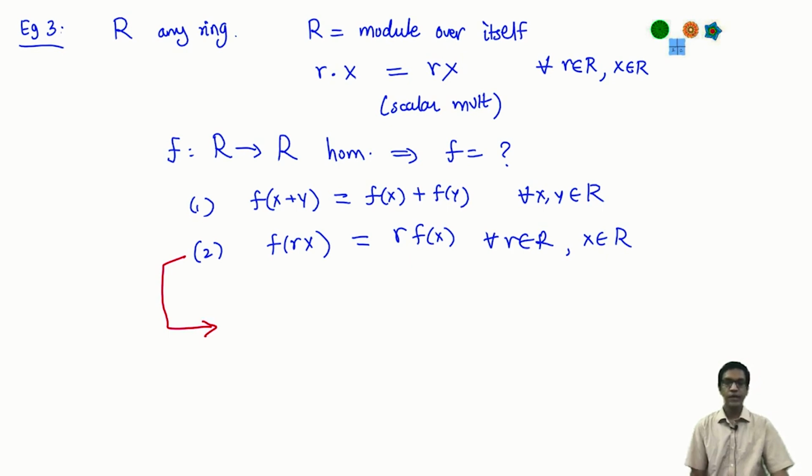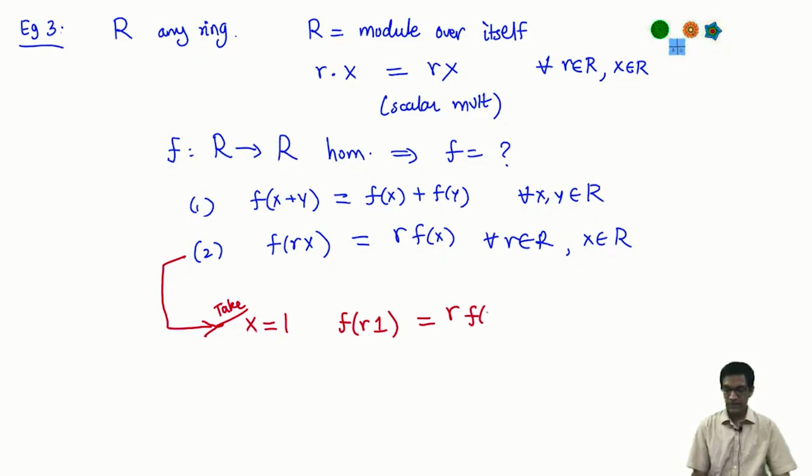Now again, like we did before, let's use the second property. That's the one which usually gives us something interesting and non-trivial. So let me just take x to be the identity element of the ring. Take x to just be the element 1 of the ring R, and now let's see what I get from that. So I get f of r scalar multiplying 1 should just be r times f of 1, and this should be true for all ring elements r in R. I fixed x to be 1 here.